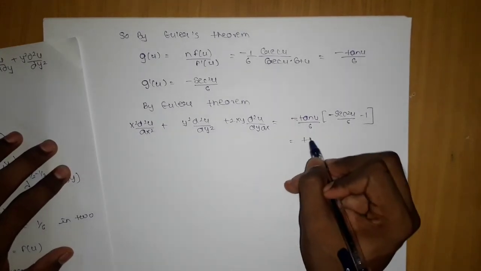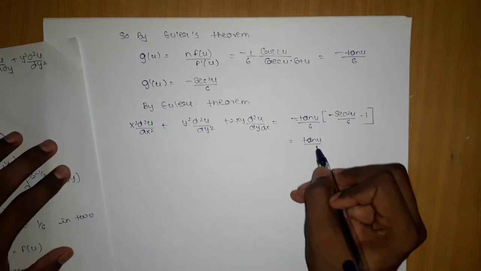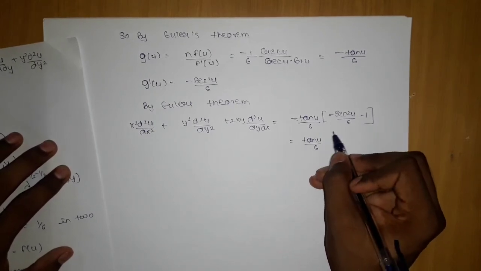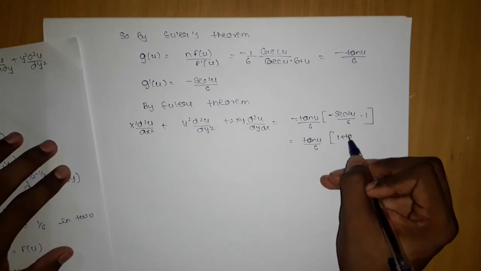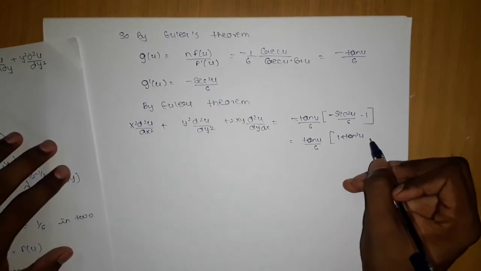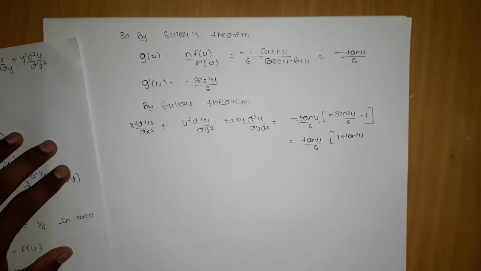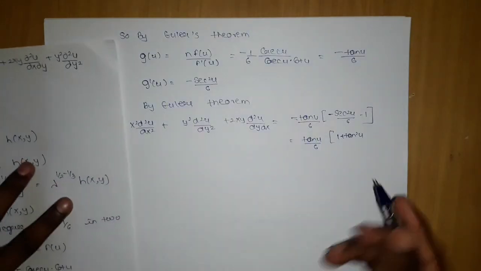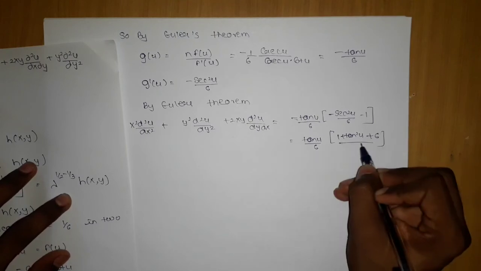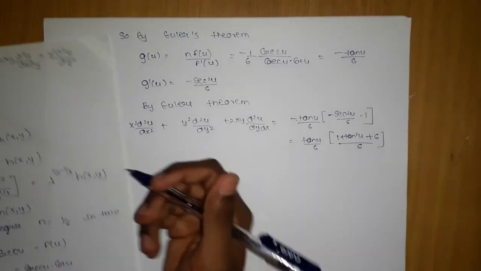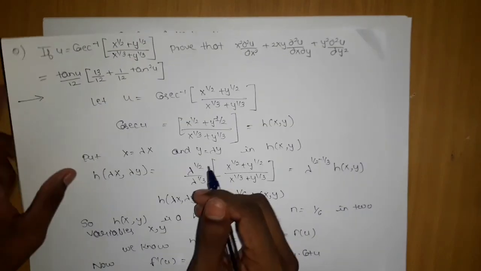Take the minus outside, minus will disappear. Here it is 6. What you are going to do is multiply, but here tan square u will be there. So what we are getting is 1 plus tan square u, here it will be 6 and here it will be 6. Now our answer is entirely different.